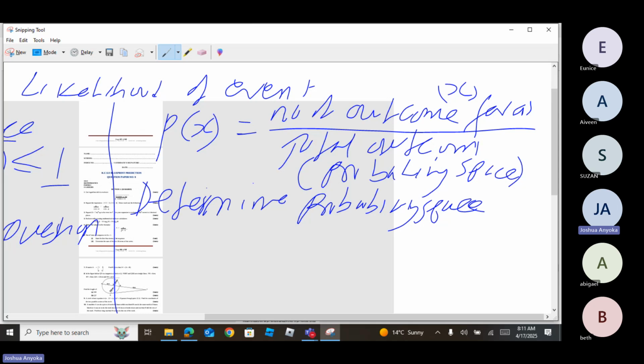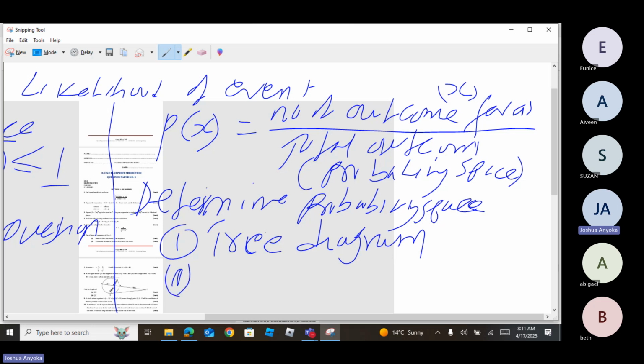Probability space is determined by the use of a tree diagram, or in some questions where we have a set of numbers or a set of events, we use a table, and we are going to see this one.